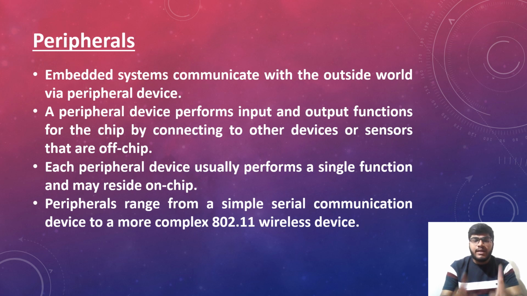Each peripheral device usually performs a single function and may reside on the chip. Peripherals range from a simple serial communication device to more complex 802.11 wireless devices. So a peripheral is a path between the outside world and the embedded system.